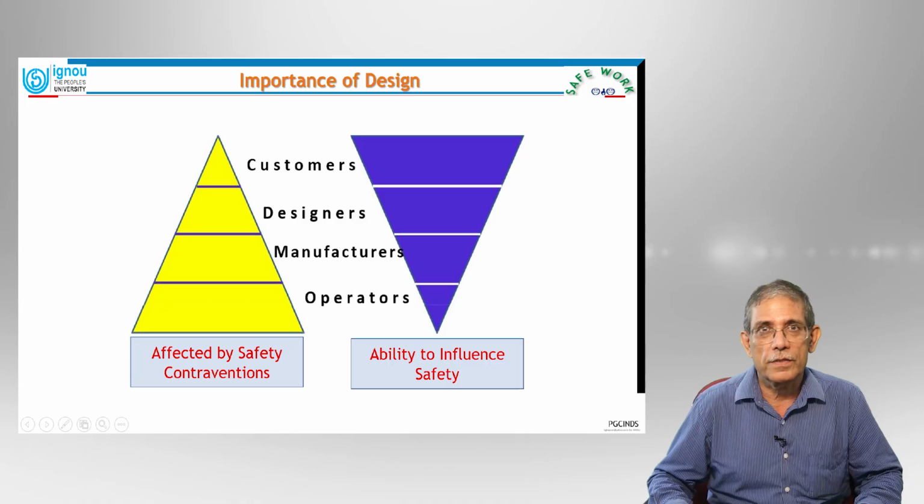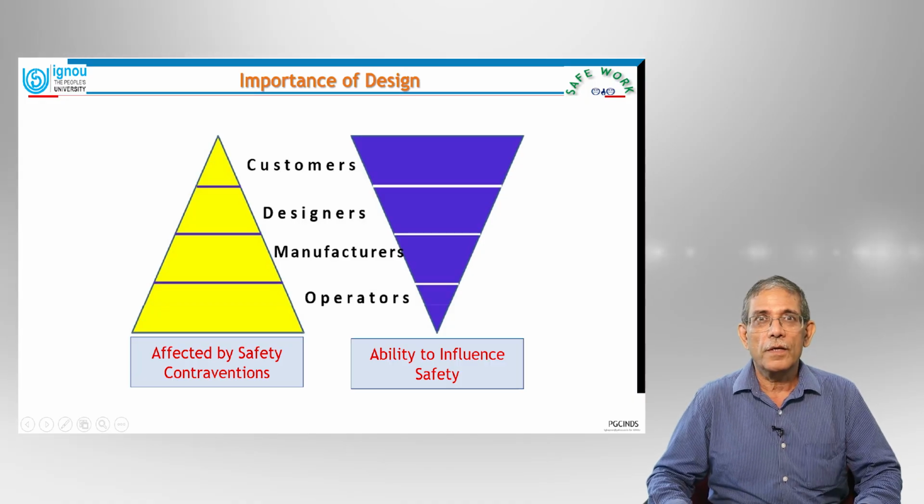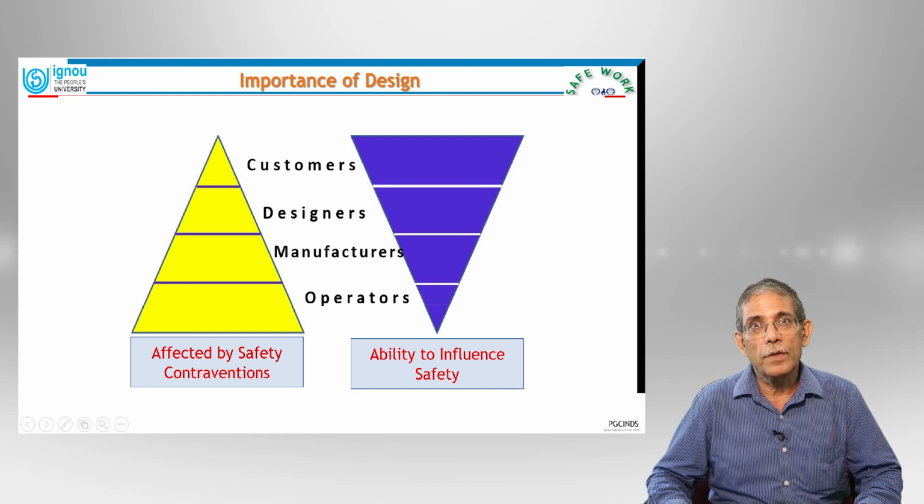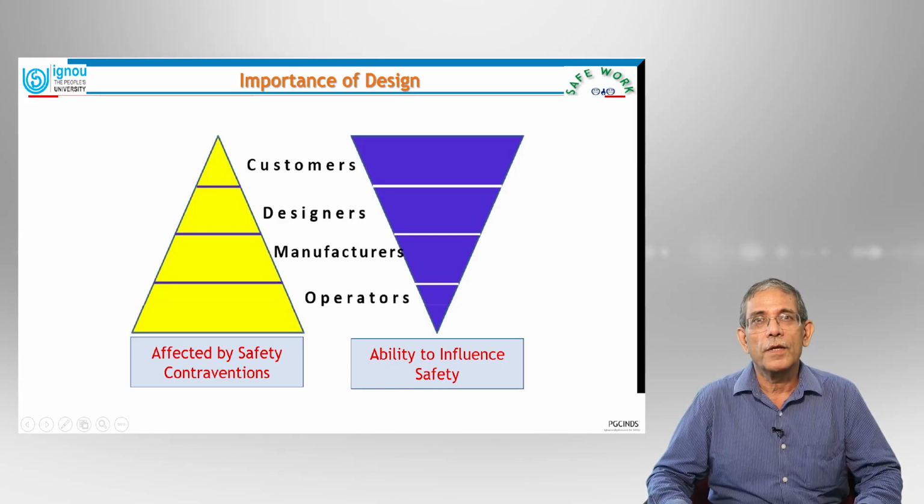Second coming the manufacturers. If there is an unsafe design, then the manufacturer will be most affected, but he will have the least ability to influence the safety, because safety decisions he cannot influence, because he has to manufacture. Work order has been placed. Therefore, he will be affected.